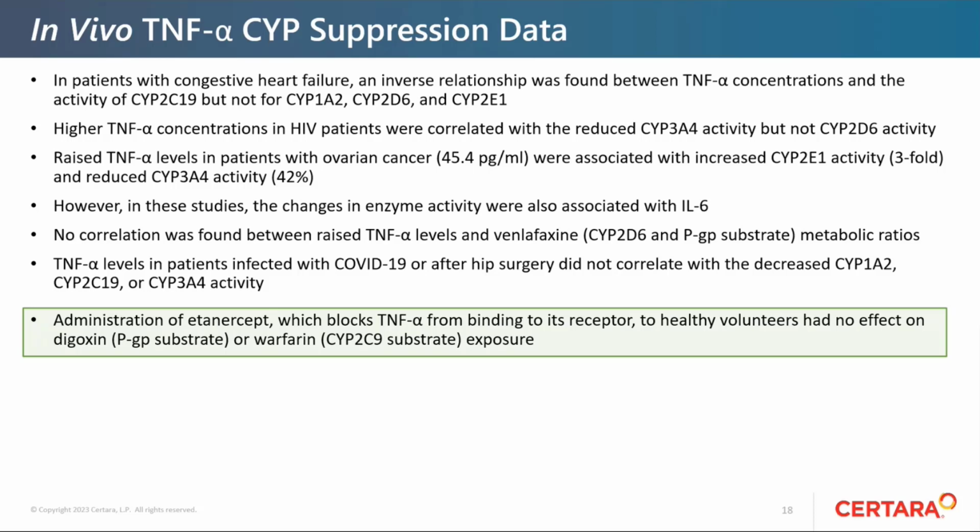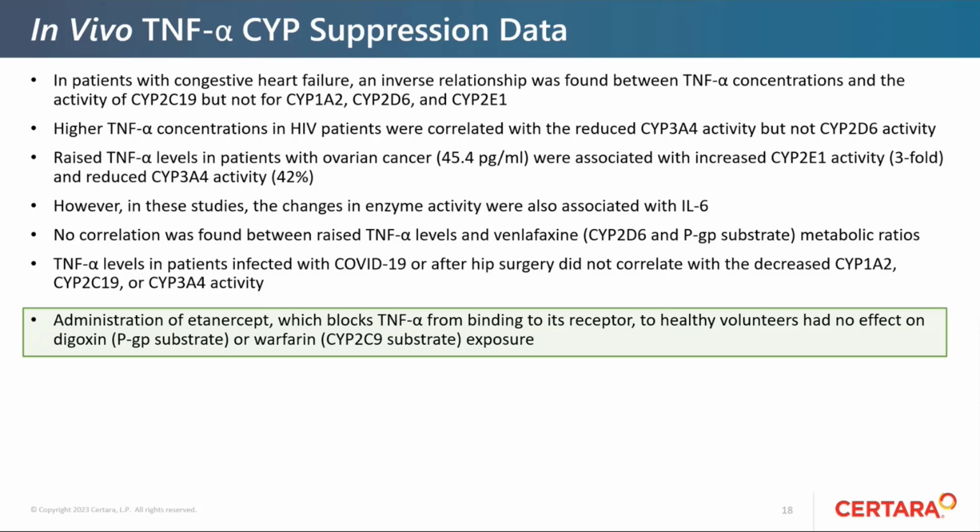And another example, in psoriasis patients, TNF concentration also increased, but there's no correlation found between TNF-alpha levels and 2D6 activity. And in COVID-19 patients or surgery patients, they did not really find a correlation between TNF-alpha levels and the decreased CYP1A2, 2C19, and 3A4 activities, since these decreased activities could be due to IL-6.